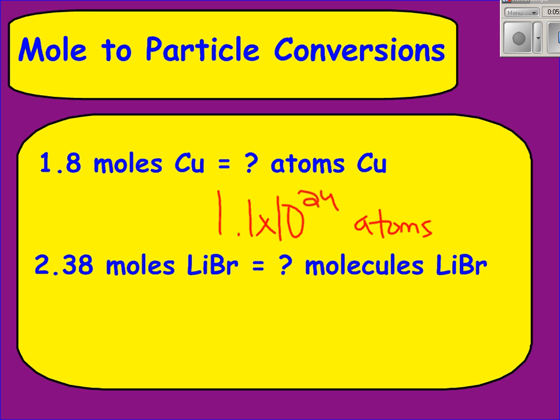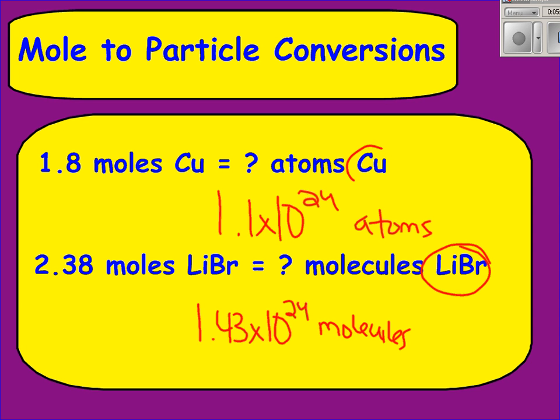The answer to the second one, with correct significant figures, should be 1.43 times 10 to the 24th molecules. Notice that it's molecules when there's a compound, and atoms when it's just an individual element. We have now gone from one way to another, moles to particles.